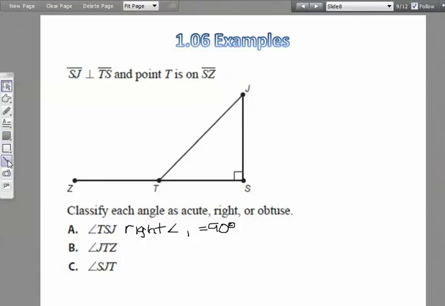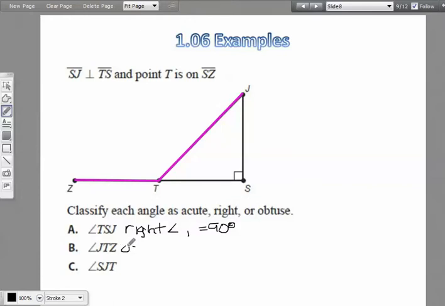All right. JTZ. Now on this one, you can tell just by looking at it that that is greater than 90 degrees but less than 180 degrees. So remember, if it's a big angle, it's going to be obtuse.